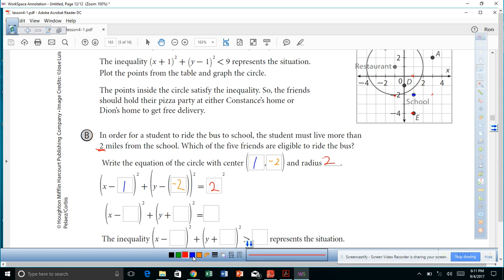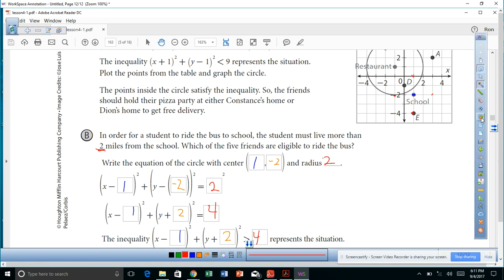So we're going to have x minus 1 squared, y plus 2 squared equals 4. The inequality x minus 1 squared and then y plus 2 squared is greater than 4 represents the situation.